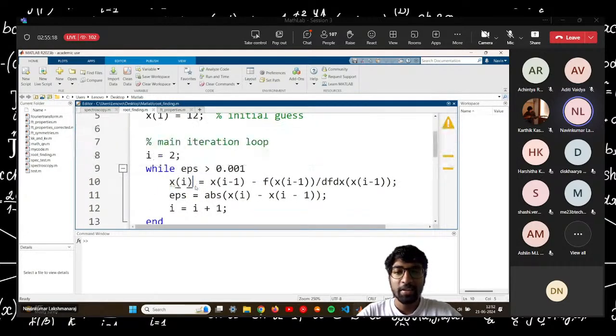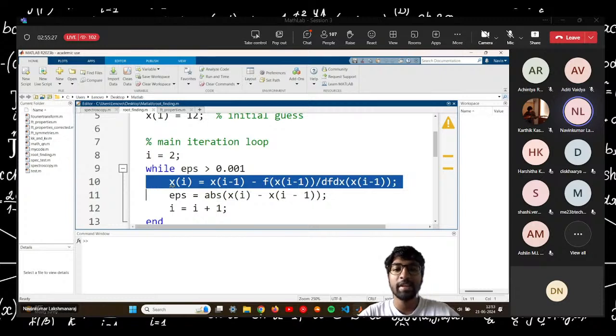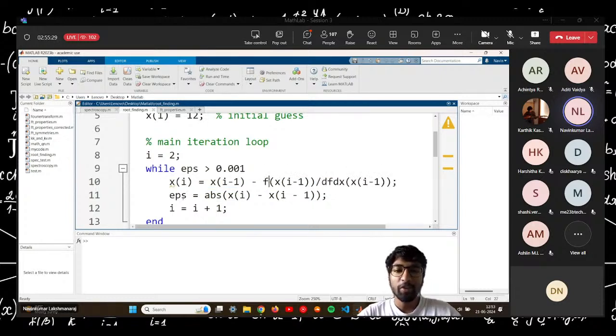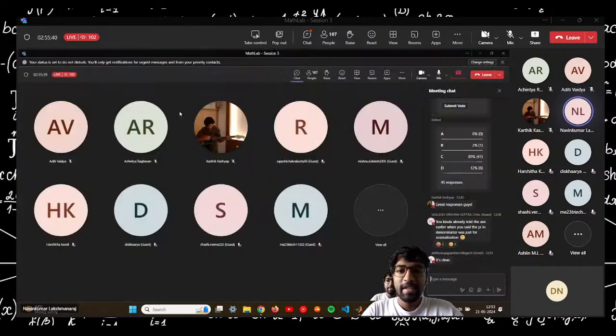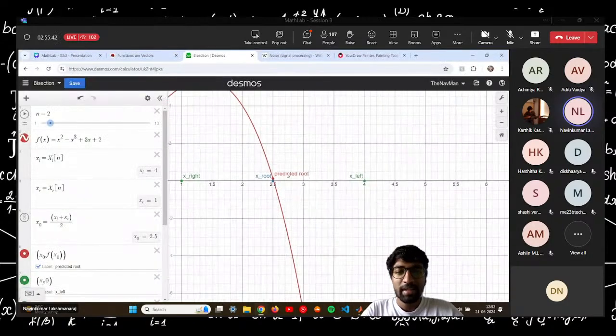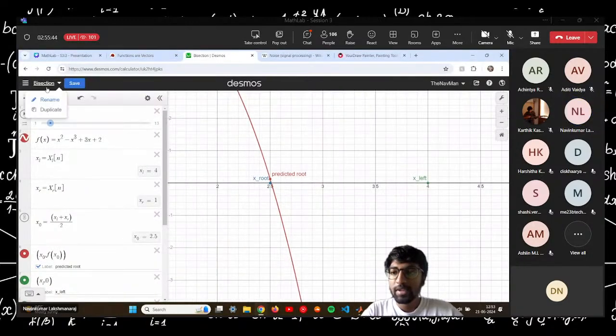I say x of i is x of i minus 1 minus f of x by df dx at x of i. So basically, that's the iterative formula for Newton-Raphson. And I update epsilon to the absolute value of x of i minus x of i minus 1.